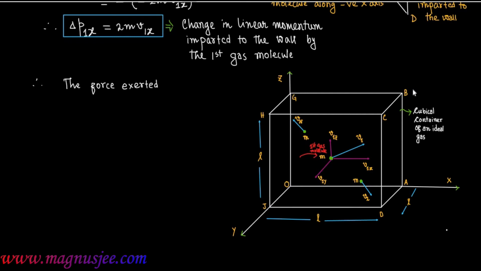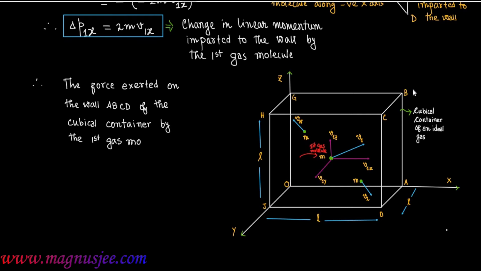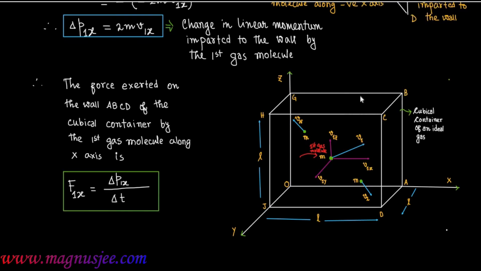Therefore, the force exerted on this wall ABCD of the cubical container due to the bombardment of the first gas molecule with this wall, along the x-axis, is given by f1x is equal to delta p1x divided by delta t, which is the force exerted on the wall ABCD due to bombardment of this first gas molecule with the vertical wall ABCD.